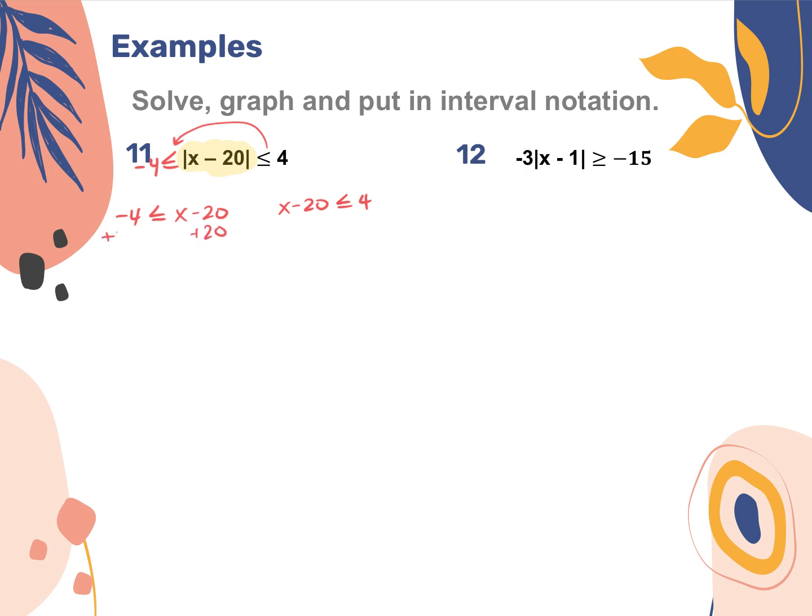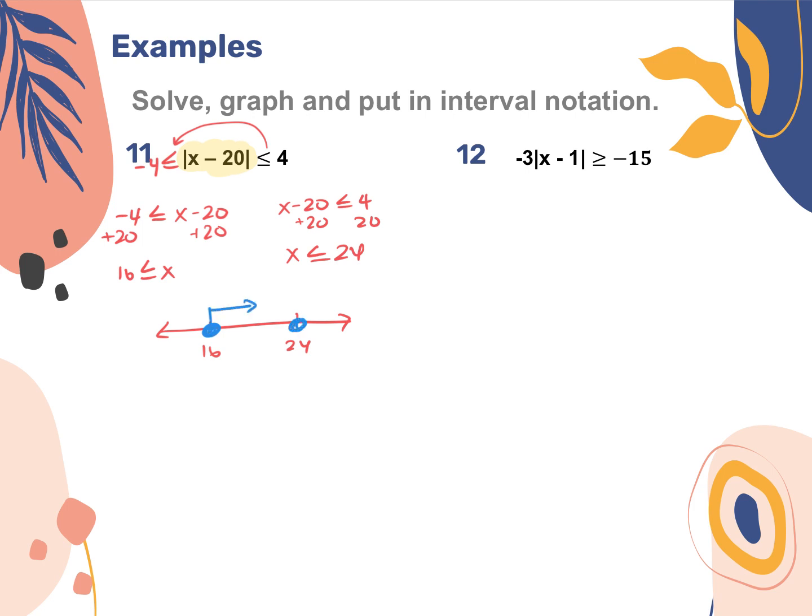Again, add 20 to both sides, and I get 16 is less than or equal to x. And here I'm going to add 20, and I get x is less than or equal to 24. So again, sometimes I just graph it out before I figure out my final solution. 16 to 24, I know that I'm going to have here a closed circle at 16, and x is going to be bigger than it, so it's this way.